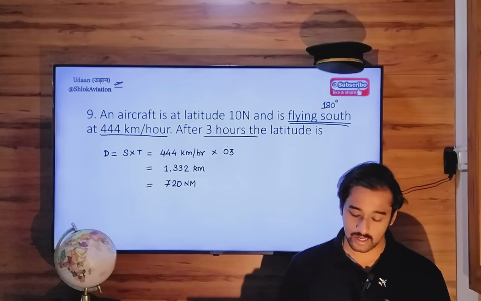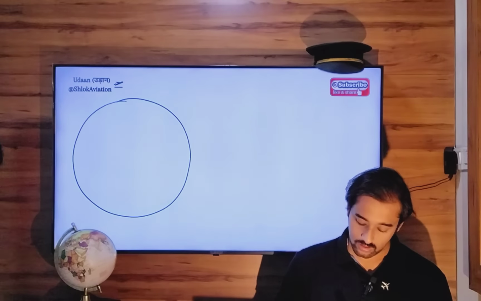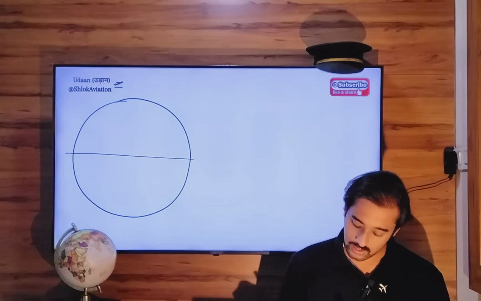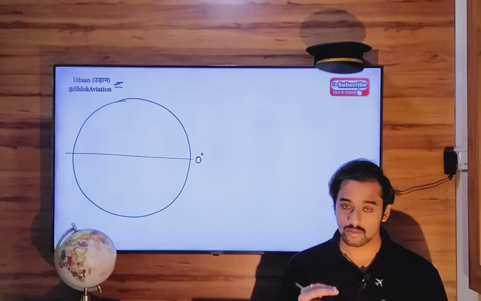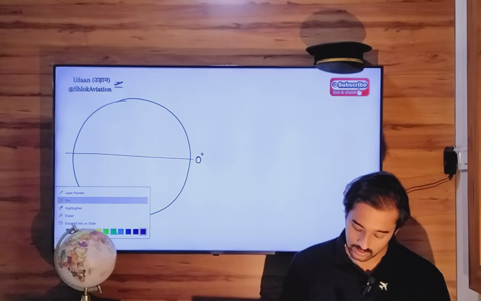Okay, let's plot the diagram. This is your Earth. There is an equator dividing the Earth into hemispheres. Our initial location is 10 degree north.